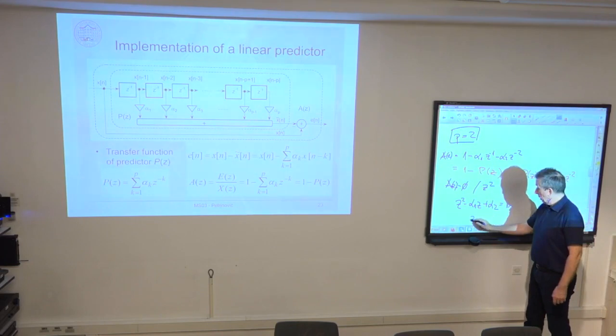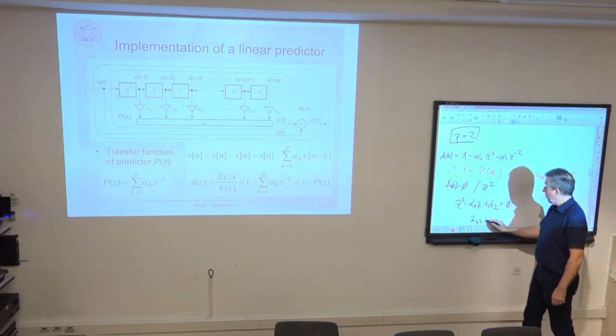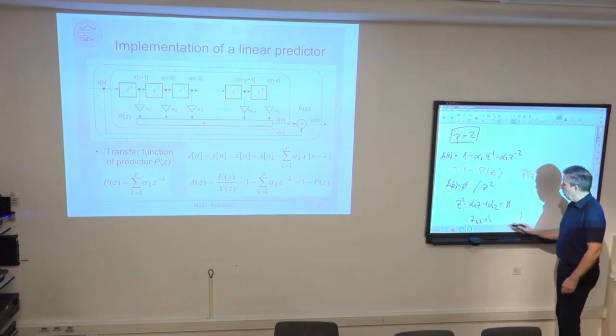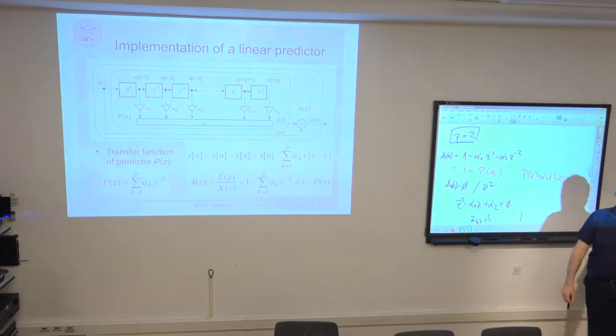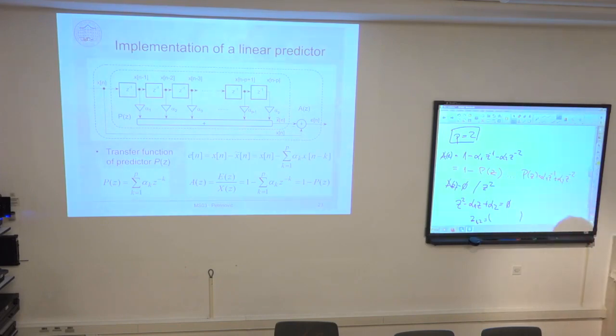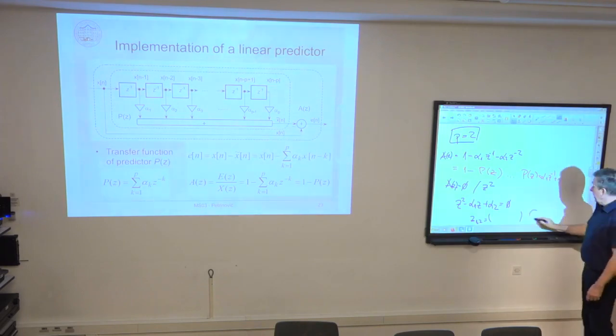Then you solve the quadratic equation and get the complex roots of this second order polynomial. If P is of higher order, then you would have 3 roots, 4 roots, and so on. So for order P, I have P roots, and these roots are, in general, complex numbers, elements of C.